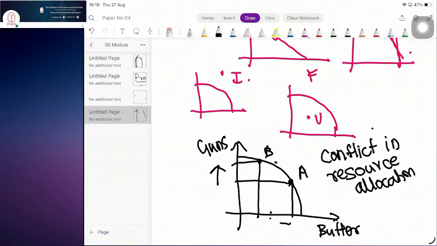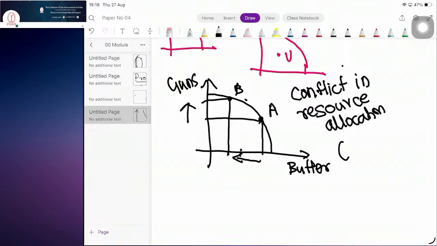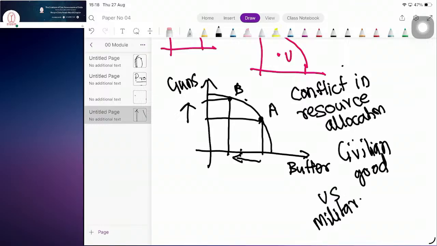Output of butter will decrease and output of guns will increase. Think of butter as civilian goods and guns as military goods. As we increase allocation to the military, production of civilian goods will decrease. And when you increase the production of butter, you are decreasing the production of guns.